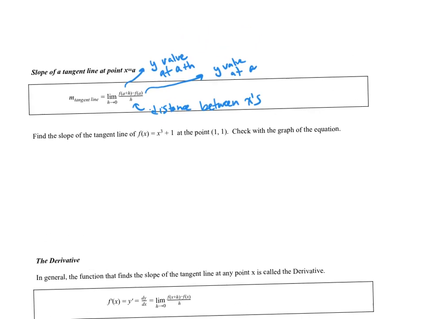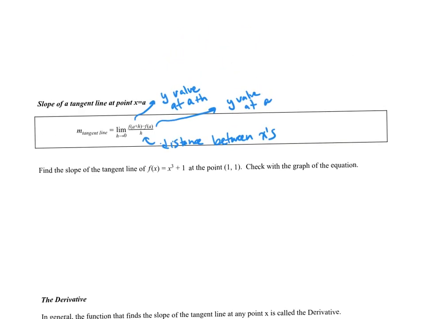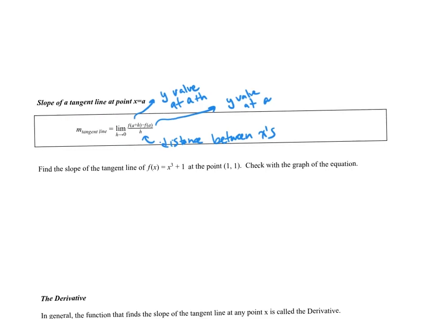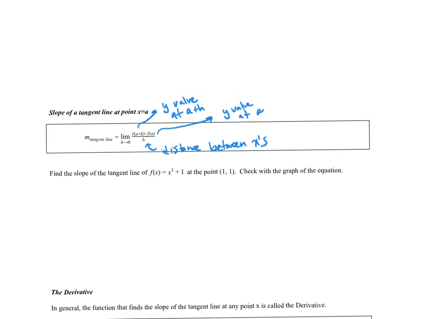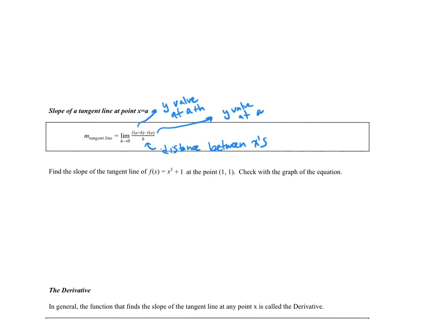So just because we have space here, let's go ahead and verify. Let's use this on the previous problem, and then we'll try it with a different one. The last problem we had was y equals x squared, and I wanted to know the slope of the tangent line at (1, 1).